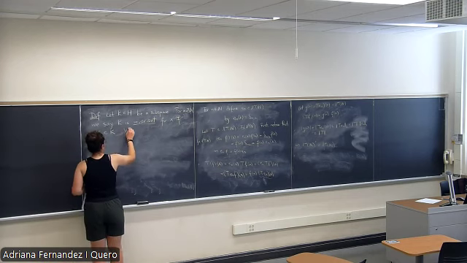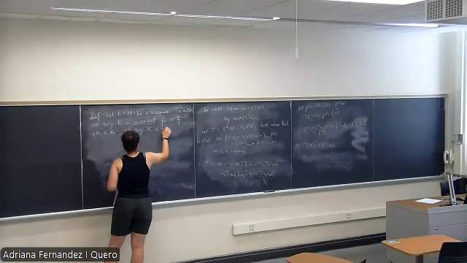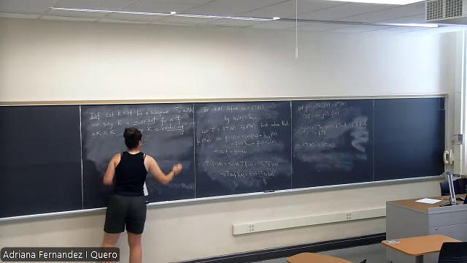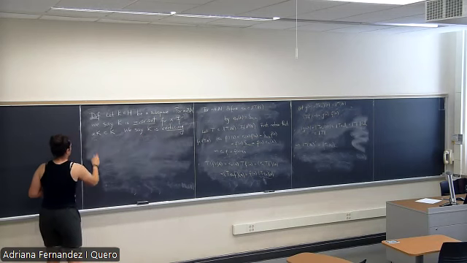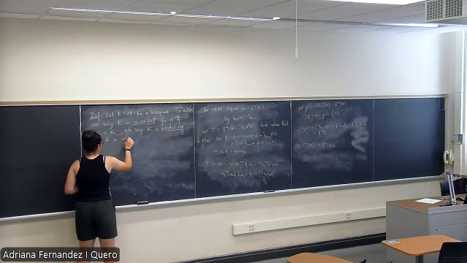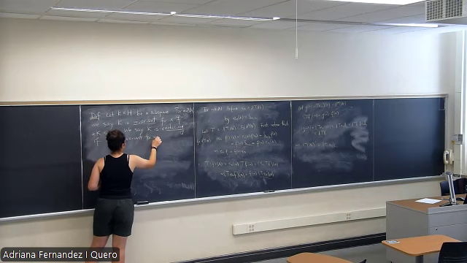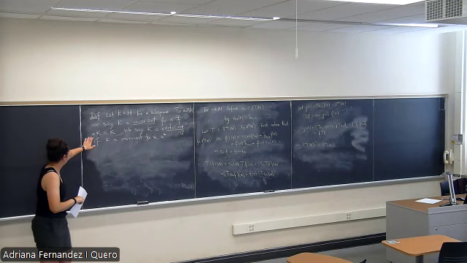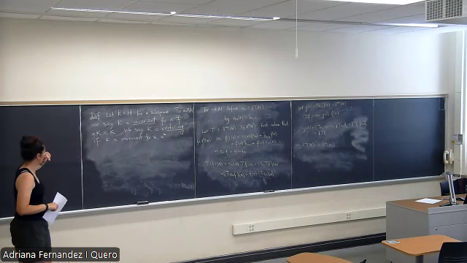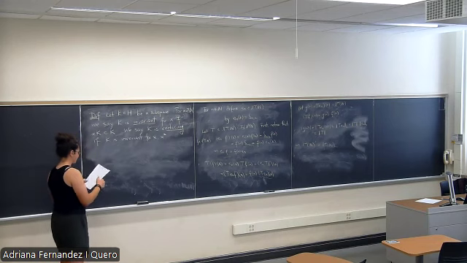Moreover, we say K is reducing if K is both invariant for X and X star. So meaning that when you apply X to an element in K, you land back in K, and the same thing for X star.